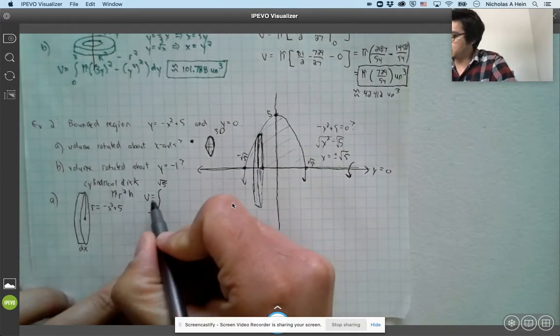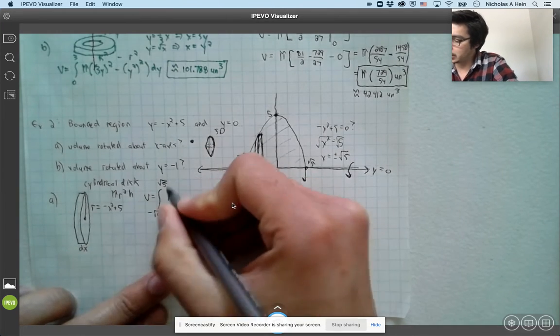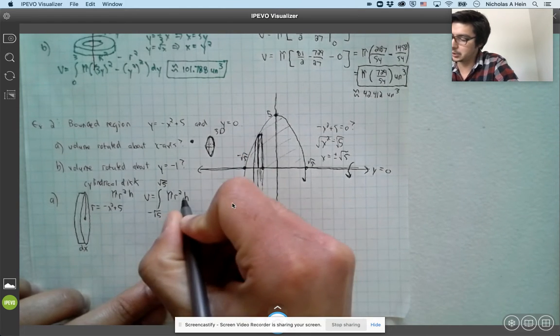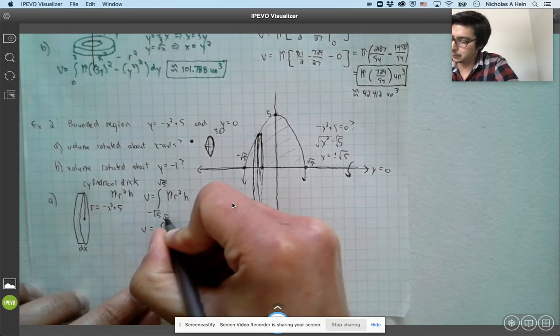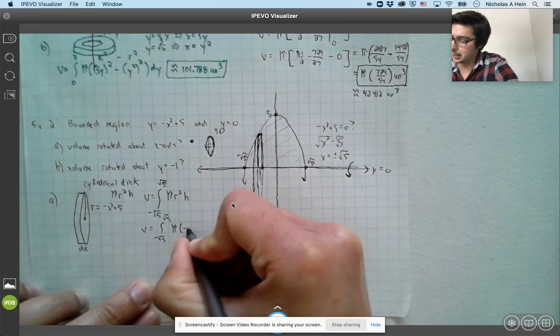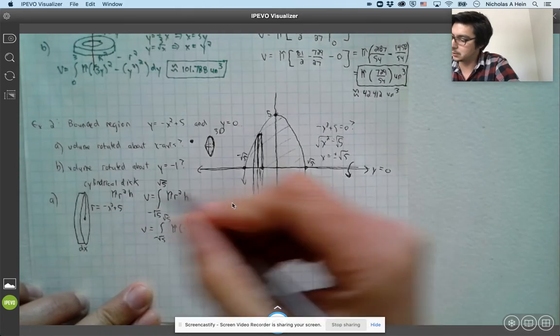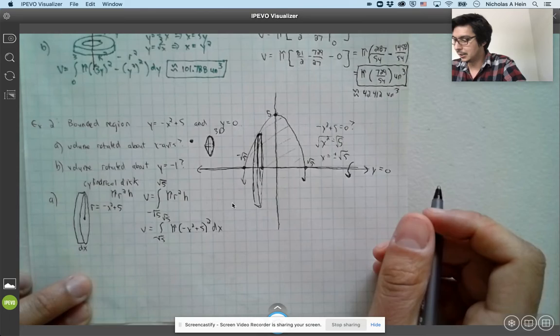So we're doing the volume from negative root 5 to root 5, and it's going to be pi times your radius squared times your height of each disc. So again, that's adding it all up. If we plug all that in, it's the integral from negative root 5 to root 5 of pi times the radius, negative x squared plus 5, and all of that squared, times the height of this disc, dx.